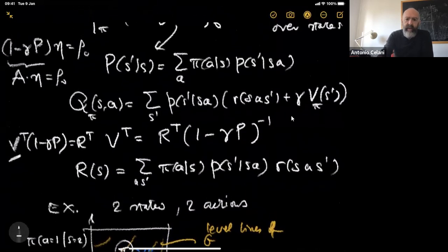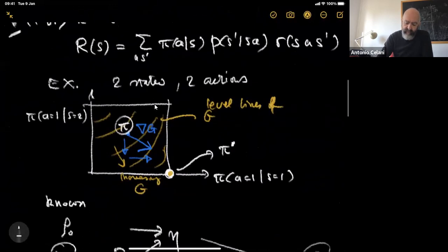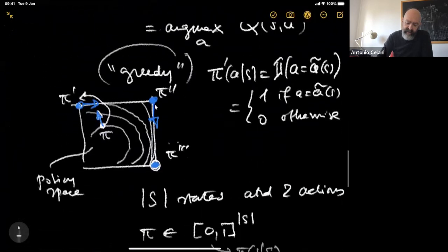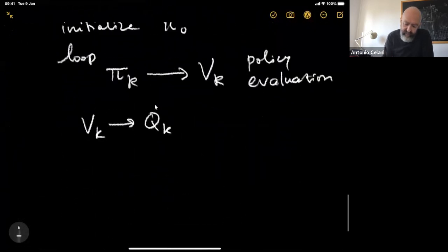So from this line, you have a value, all these things you knew from the beginning, so you can combine them together and get your Q. And then from your Q, you get, through the greedy choice, a new policy pi k plus 1.